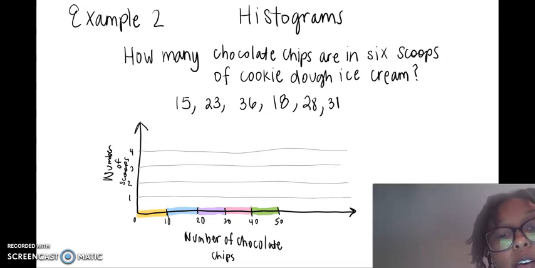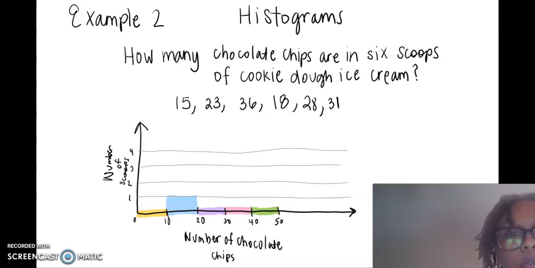The height of that bin is going to increase for the number of scoops that we have with that number of chocolate chips. So let's look at our first number, 15. 15 falls between 10 and 20, so that means we're going to increase our bin from 0 to 1.